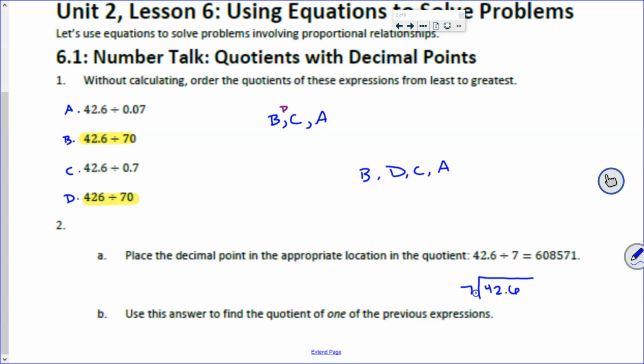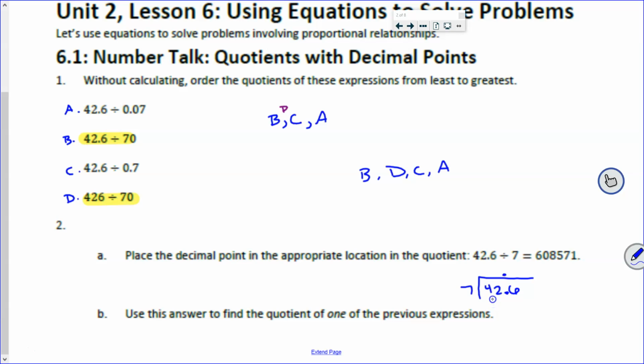So again, let's think about if we were actually setting up this problem for long division and we ask, can 7 go into 4? No. Can 7 go into 42? Yes, it can go in 6 times, and then where does that decimal place go to? It goes right up above where it already is. If we are multiplying using the standard algorithm, then we would have to count where that decimal place is and move it over the appropriate number of places.